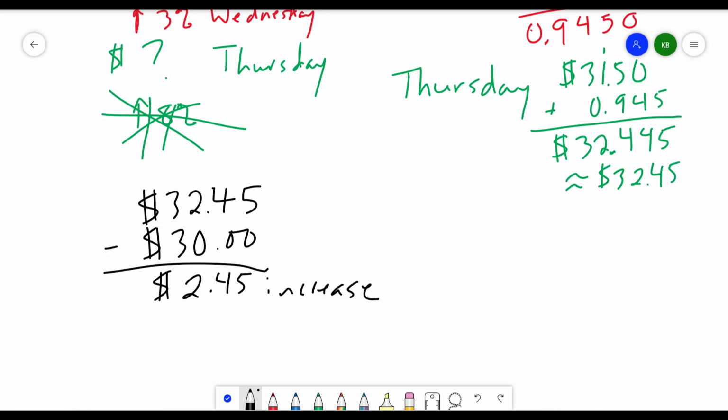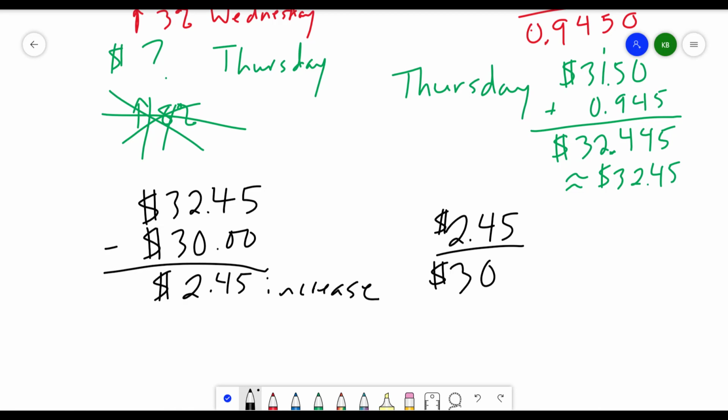So if I want to know what percent that is, I have to take $2.45 divided by $30. So this looks like the test example, right?